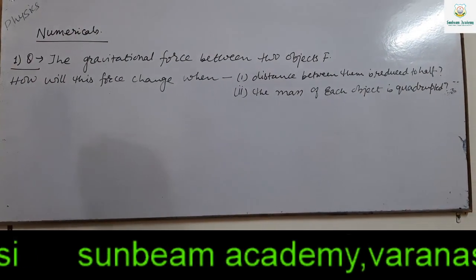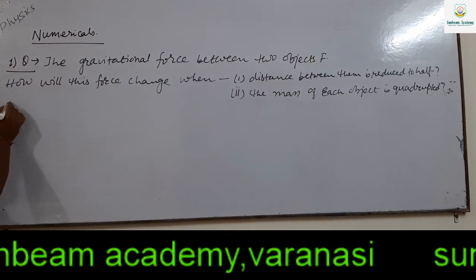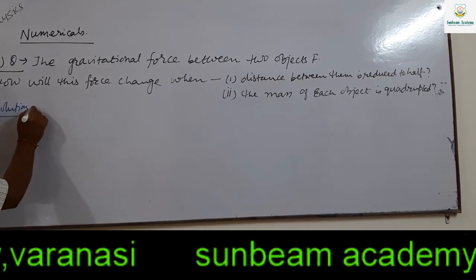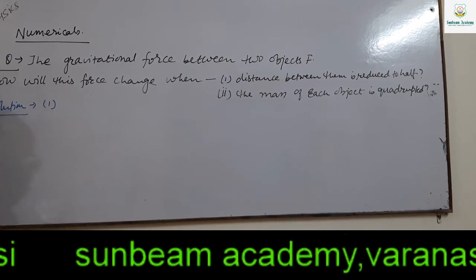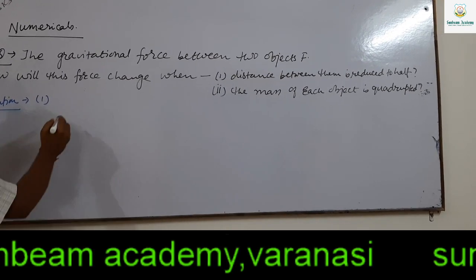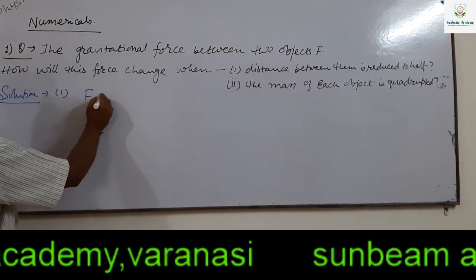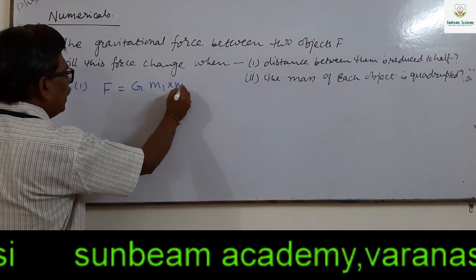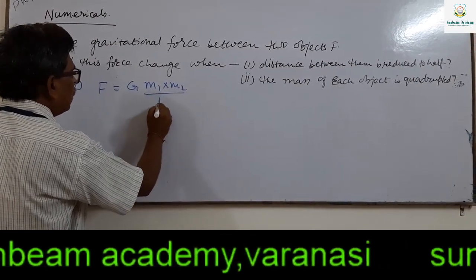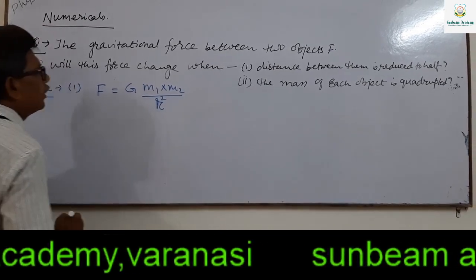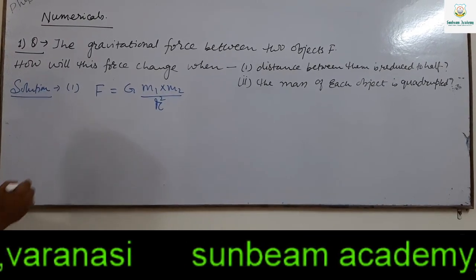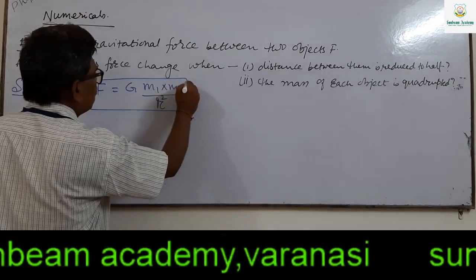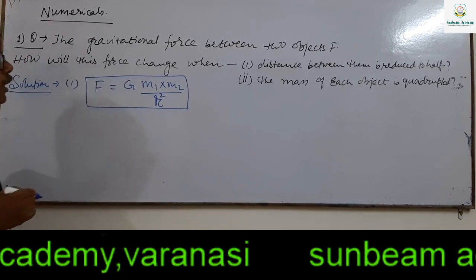Now let us see the solution. For the first case, you know, children, F is equal to G m1 into m2 upon r square. This is Newton's universal law of gravitation formula.